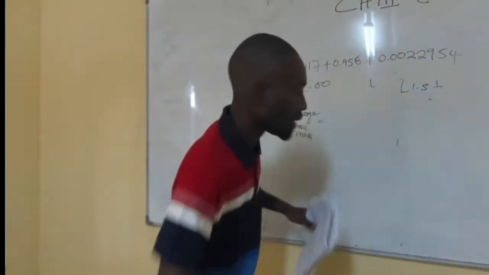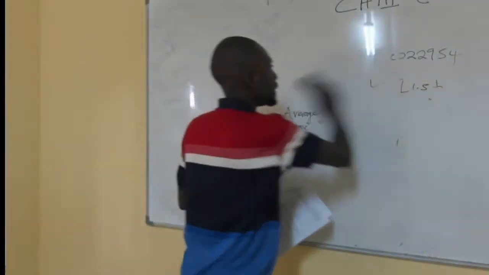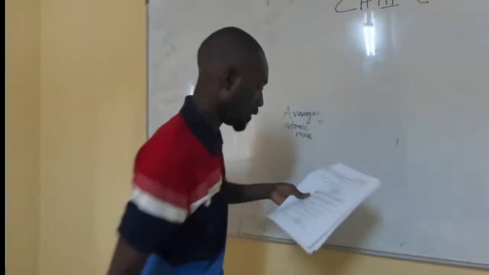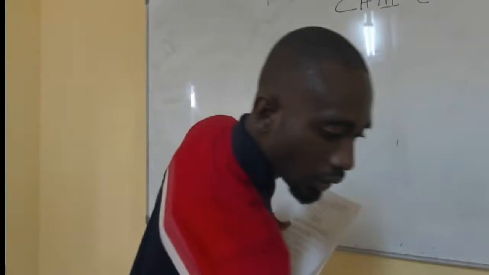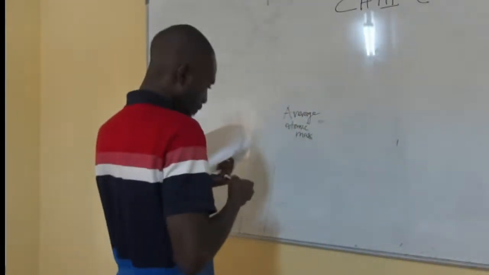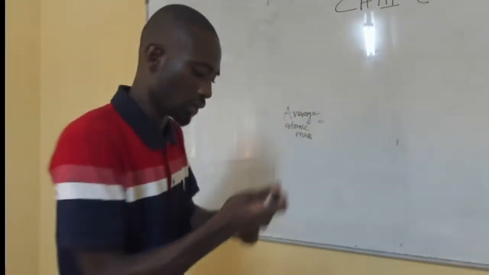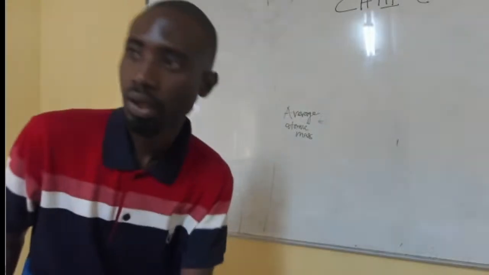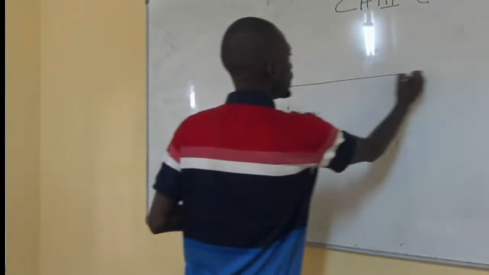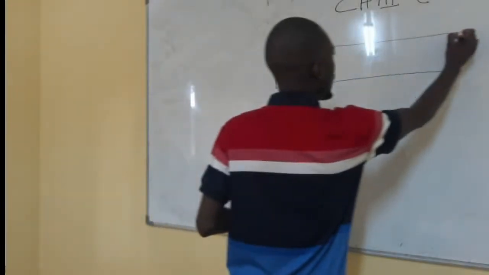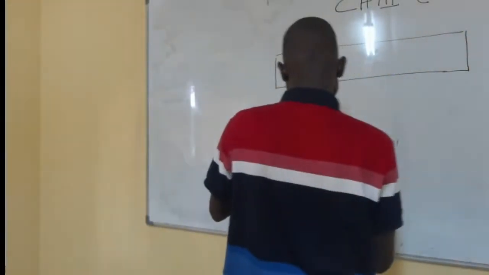So let me just erase on top so that you are able to get it. You had a table. You just get another marker. Just a moment. So that you have the table. The table was there. Okay?